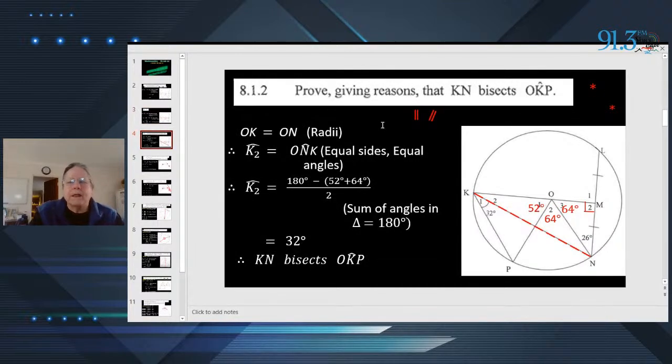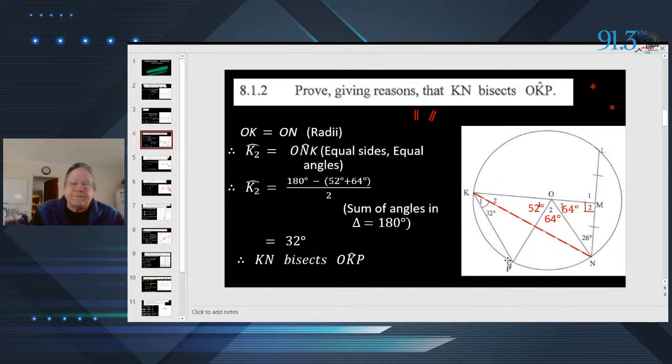8.1.2. Now they want to know: prove, giving reasons, that KN, and I've put it in red so that you can see, bisects, that means cut it into half, into 2 equal pieces, bisects OKP.